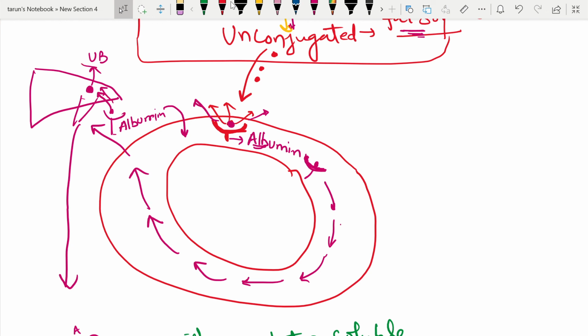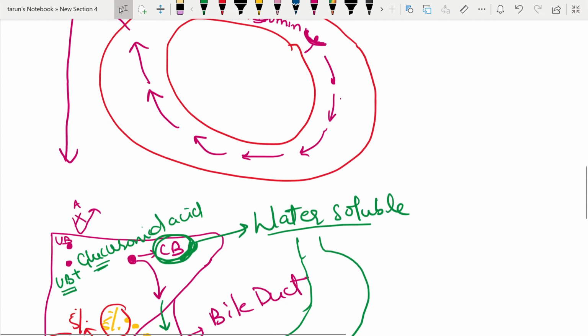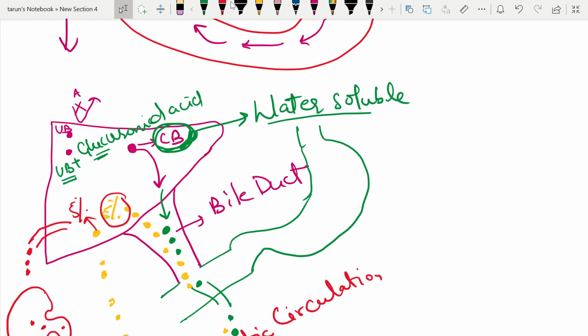Once it is in the liver, it is acted upon by the enzyme glucuronyl transferase. Glucuronic acid combines with the unconjugated bilirubin and converts it into conjugated bilirubin, which is water soluble.